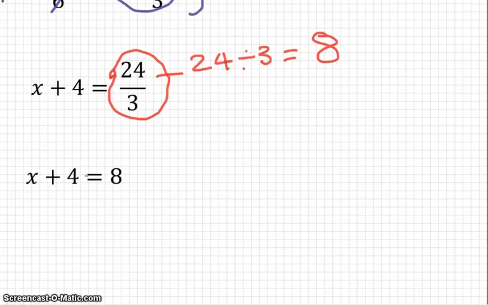Now we still need to get this x by itself. Our final inverse operation will be to undo this plus 4. So our inverse operation of plus 4 is minus 4. So we go minus 4. And now we do our inverse operations on both sides of the equation. 8 minus 4.